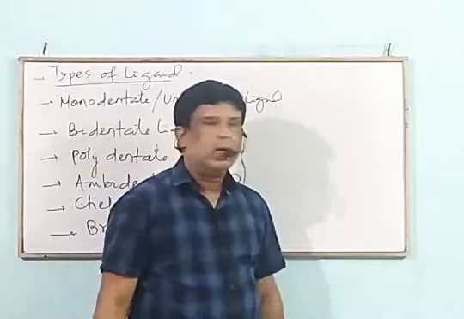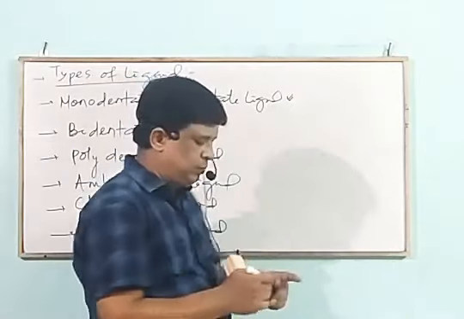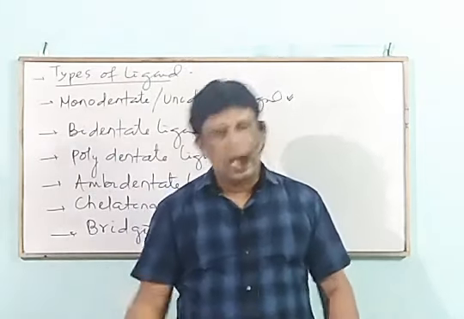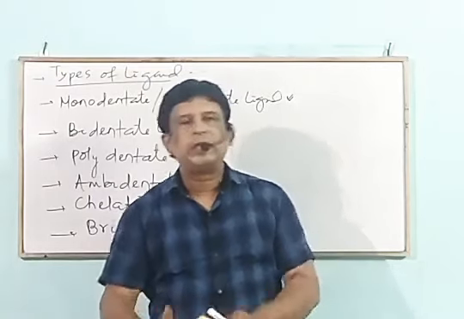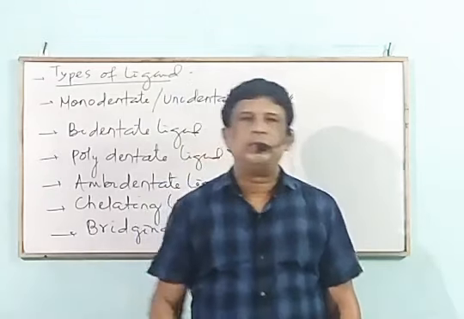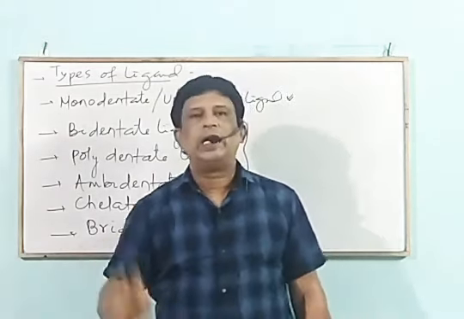First one is monodentate or unidentate ligand. The ligand, it may be an ionic species or a neutral molecule, an electron-rich species, but contains only one donor atom. Then it is known as monodentate or unidentate ligand.